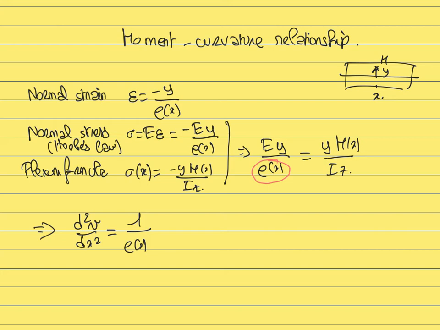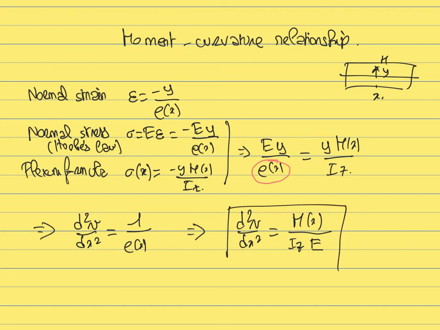So based on this, we can isolate 1 over rho, and that gives you an expression for the curvature of the beam, the second derivative of the deflection, as being the moment M. The y disappears in this expression, and all you get is the moment divided by the moment of inertia and the Young's modulus. This expression gives you the curvature of the beam.